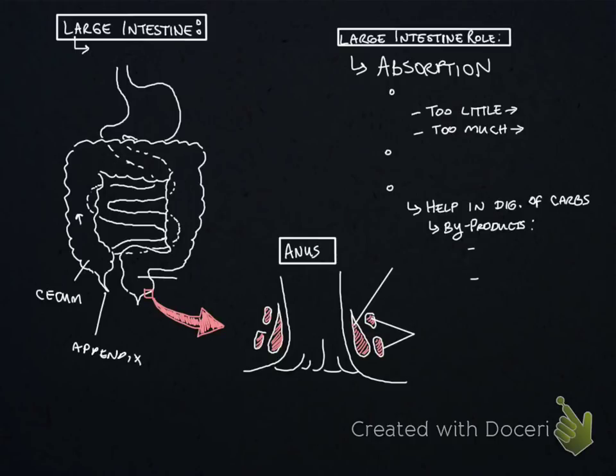Then the ascending colon, across the transverse, down the descending, through the sigmoid and then the rectum. The role of the large intestine is basically absorption, and we absorb tons of water here. Too little absorption of water and we get diarrhea. Too much and we get constipation.